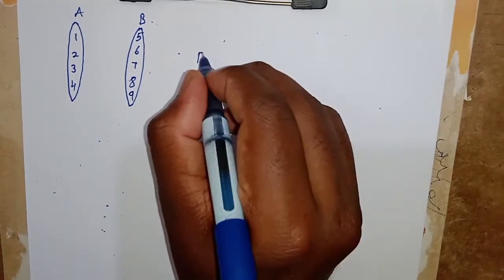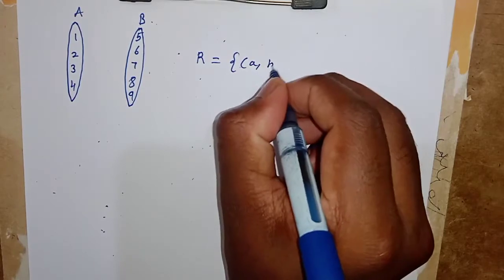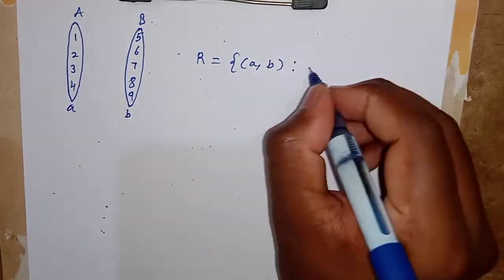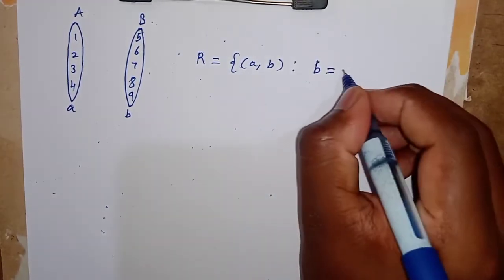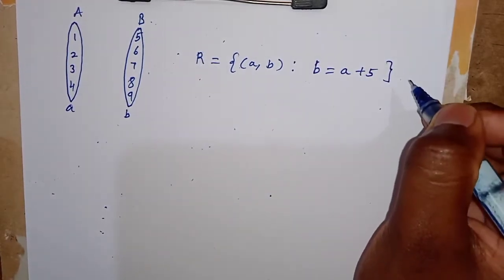I am taking relation R equal to (a, b) such that b equal to a plus 5. I am taking the same example.